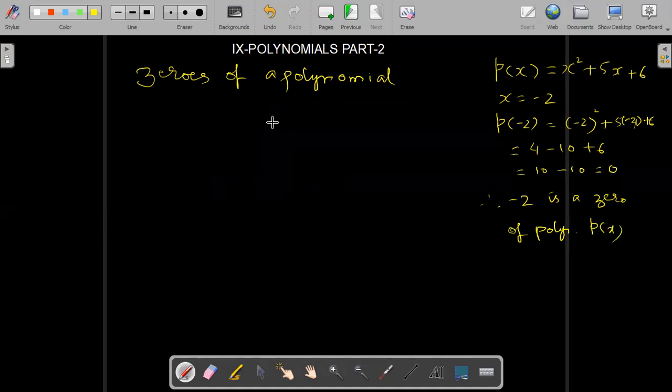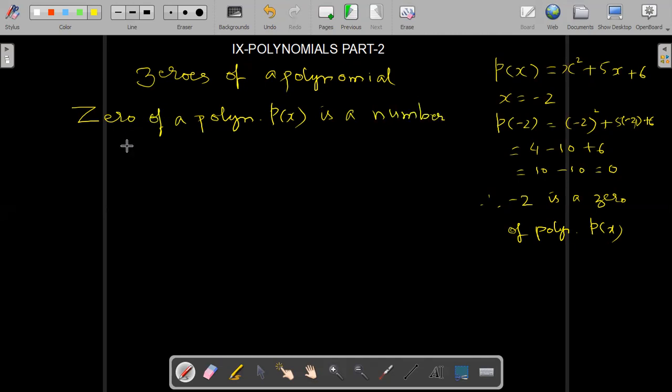So we can say a zero of a polynomial p(x) is a number, let's say c, such that when you put c in this polynomial it will give you 0, such that p(c) is equal to 0.